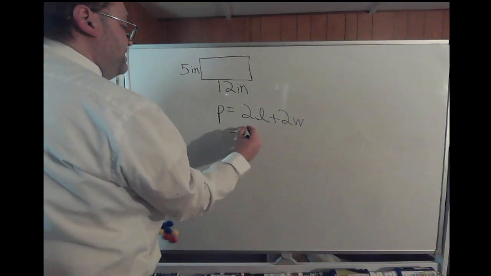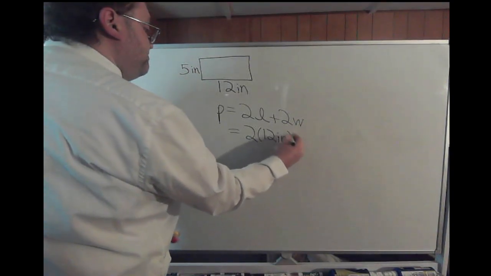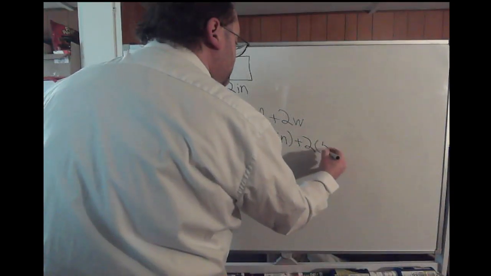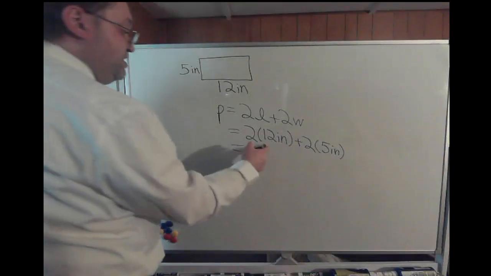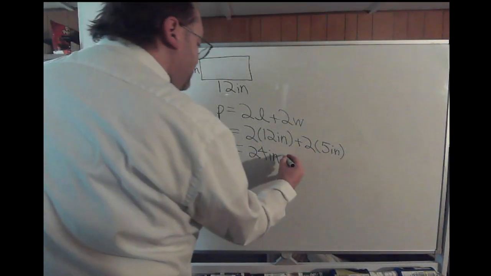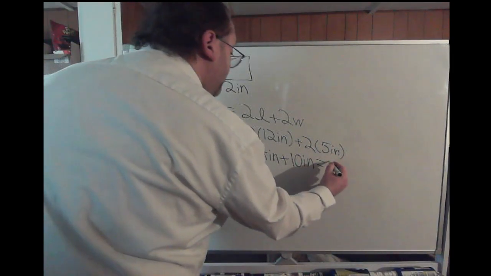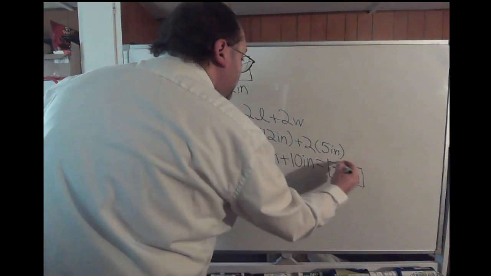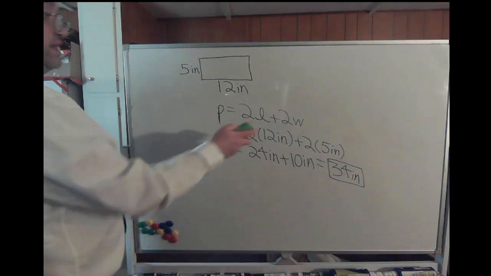So we could stick in this formula: twice the length is 2 times 12 inches, plus twice the width, which is 2 times 5 inches. Now we just do the order of operations. 2 times 12 is 24 inches, plus 2 times 5 is 10 inches, which would give you a perimeter of 34 inches. So your perimeter would be 34 inches based on that formula of twice the length plus twice the width for the perimeter of a rectangle.